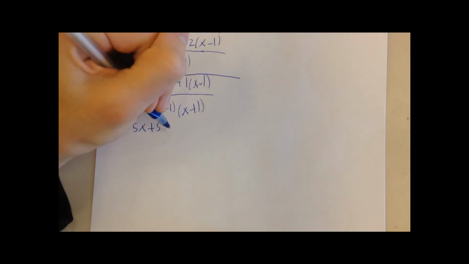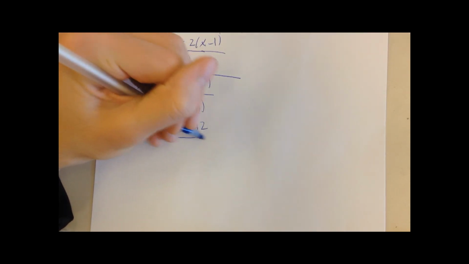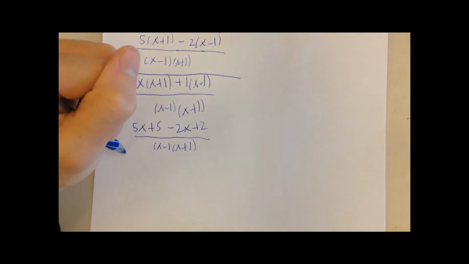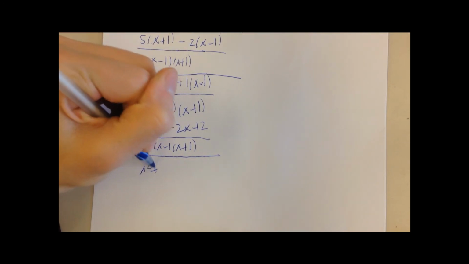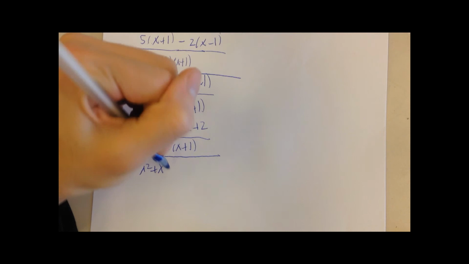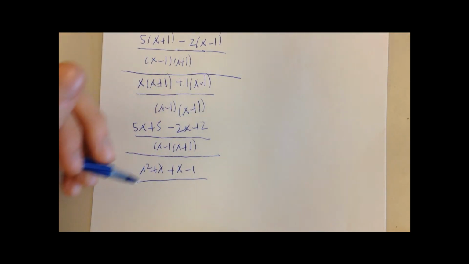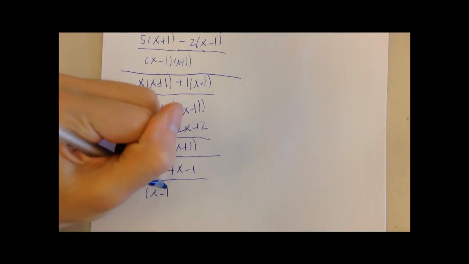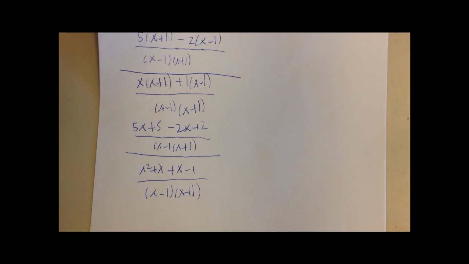So that's going to be 5x plus 5 minus 2x plus 2 over (x minus 1)(x plus 1), over x squared plus x minus 1, and that's over (x minus 1)(x plus 1).